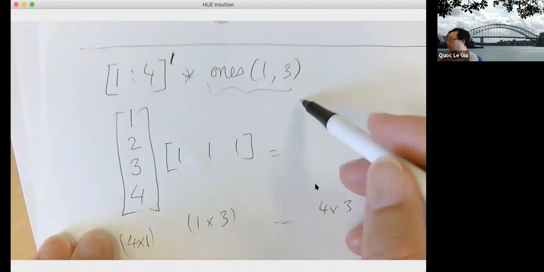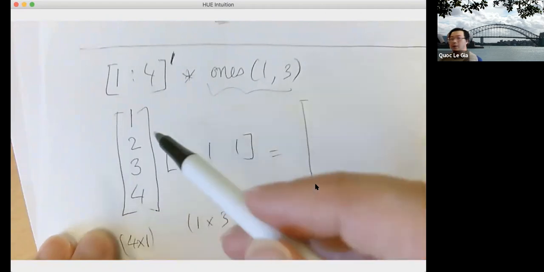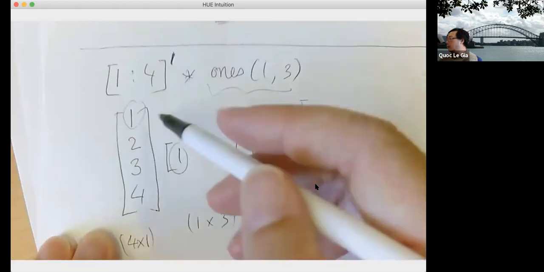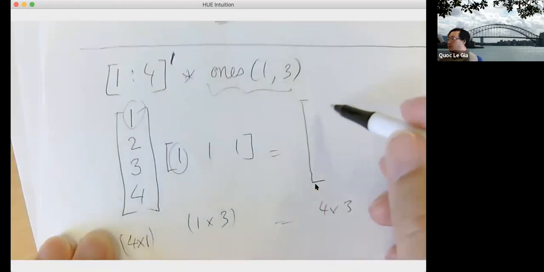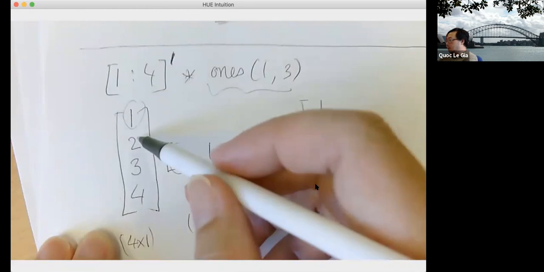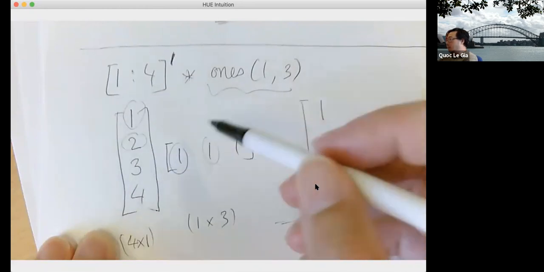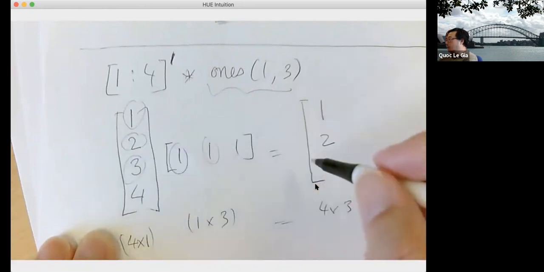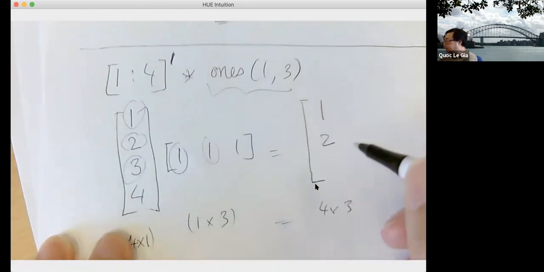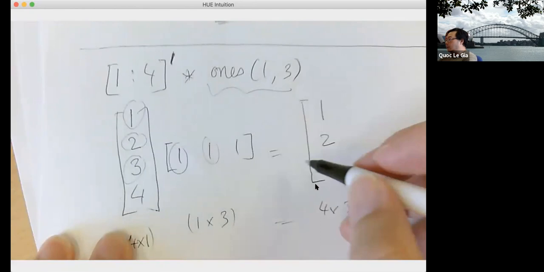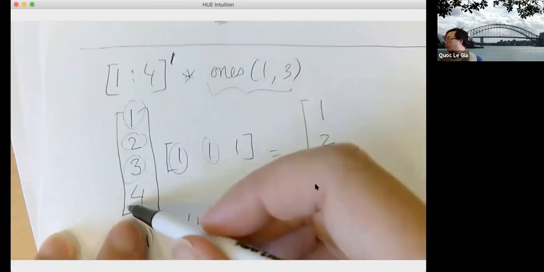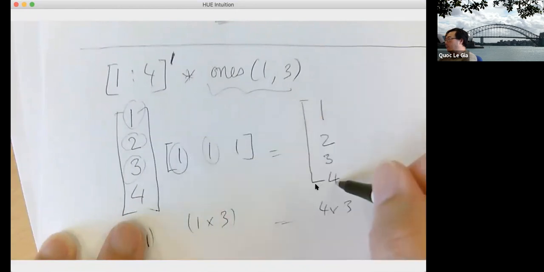Now remember your algebra. You take 1 multiplied by 1, and because there's no other entry, it becomes 1 here. Then 2 multiplied by 1 gives you 2, 3 multiplied by 1 gives you 3, and 4 multiplied by 1 gives you 4.